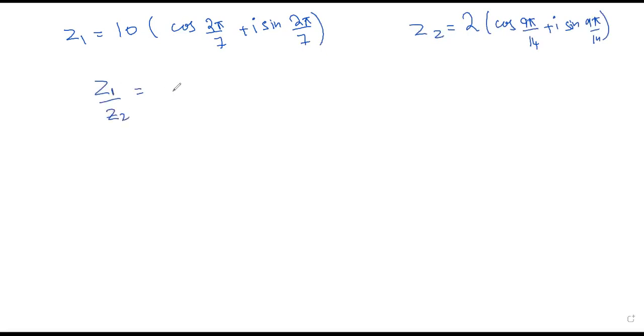If we follow the formula, we have R1 by R2, then a square bracket, and then cos theta 1 minus theta 2 plus iota sine theta 1 minus theta 2. So tell me, what is R1 by R2?